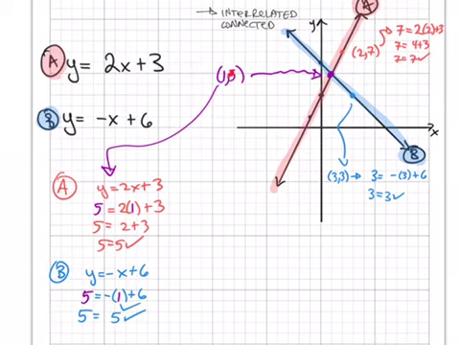So the point 1, 5 solves equation A and solves equation B. The point 1, 5 is on line A and it's on line B, and it's the only point that's on both lines, and therefore it will be the only ordered pair, the only set of numbers that is a solution to both equations, okay?